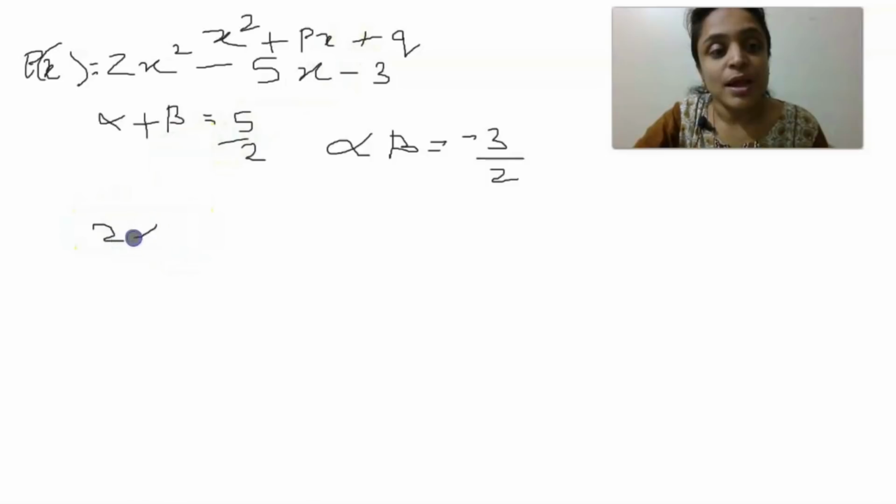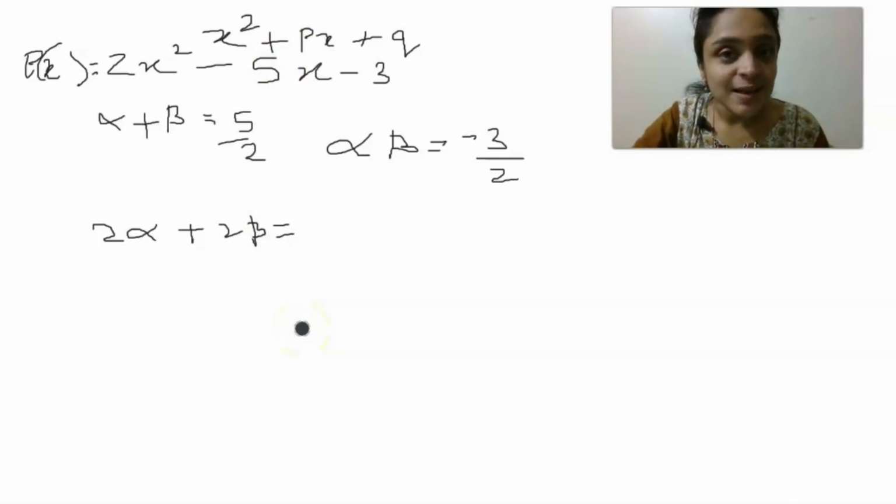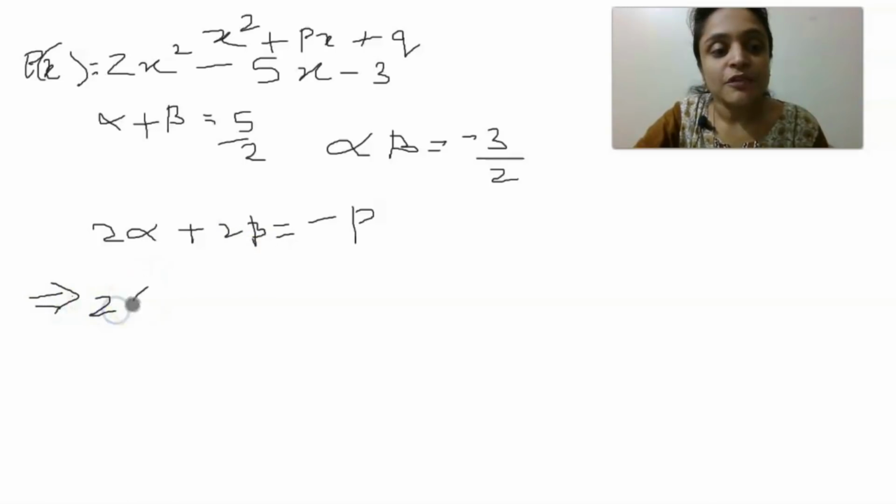Now, the zeros of this are 2 alpha and 2 beta. So, what is their sum? 2 alpha plus 2 beta equal to minus b by a, that is minus p. And 2 alpha plus 2 beta can be written as 2 into alpha plus beta equal to minus p.